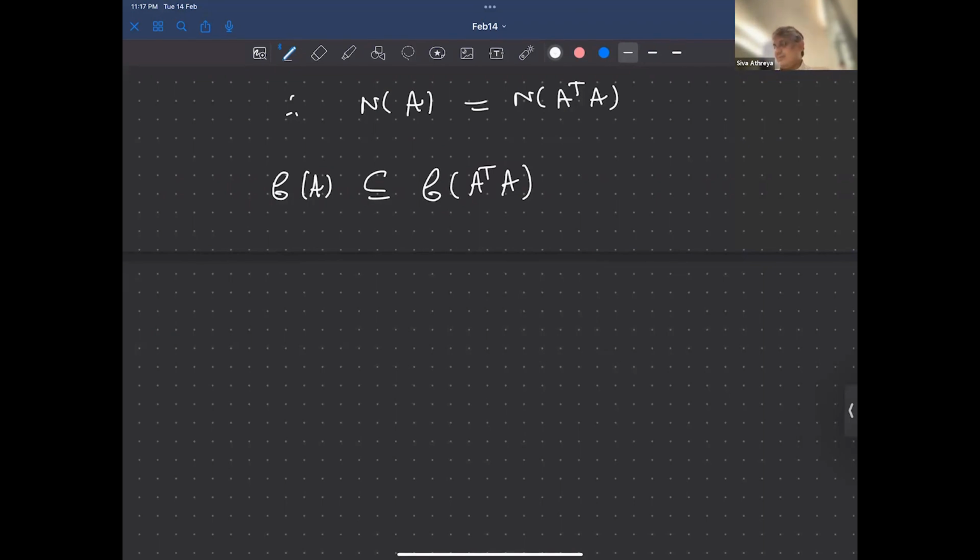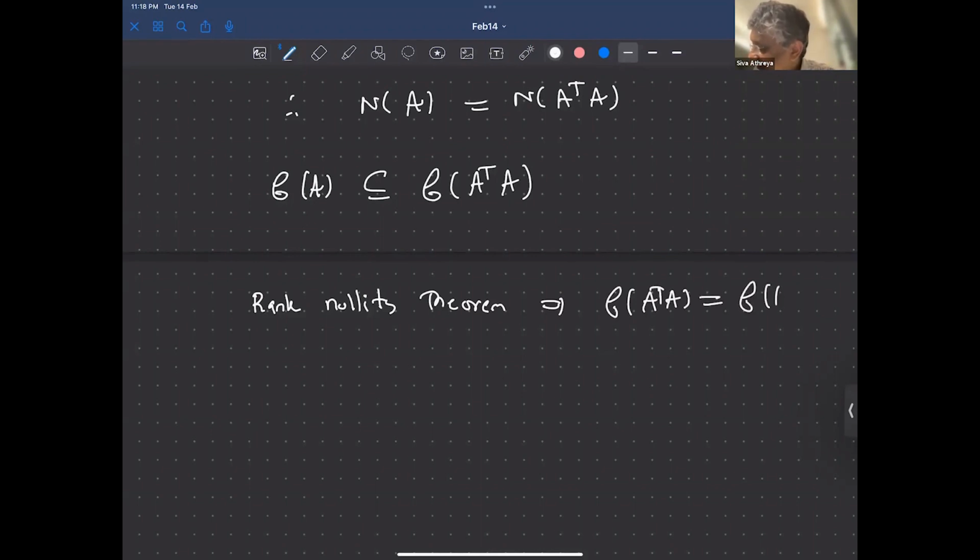But the null spaces are the same. Therefore, the rank-nullity theorem will imply that the column space of A transpose A will have to be equal to the column space of A. Very cool.